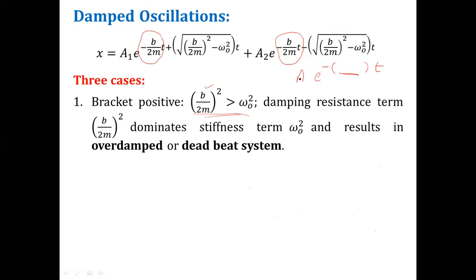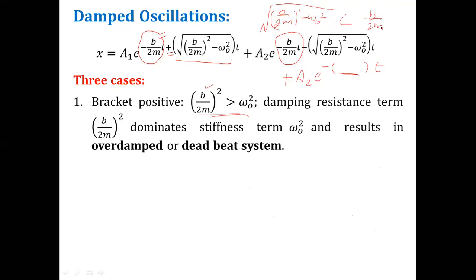The second term here. Now in the first term where you have the plus sign here, आपकी जो term within the brackets है, this is always going to be less than this term. The reason I'm saying that, I'm claiming that if I take square root of this term, this would be always less than b upon 2m, right?